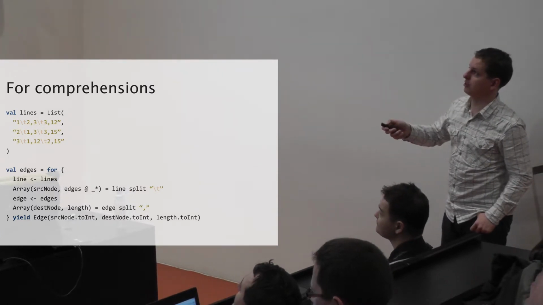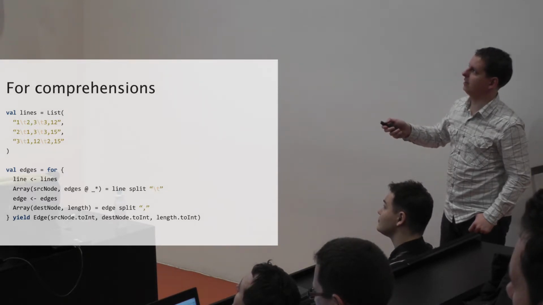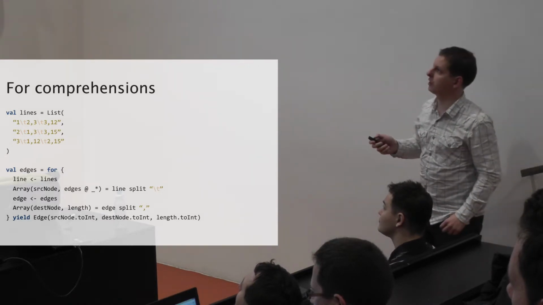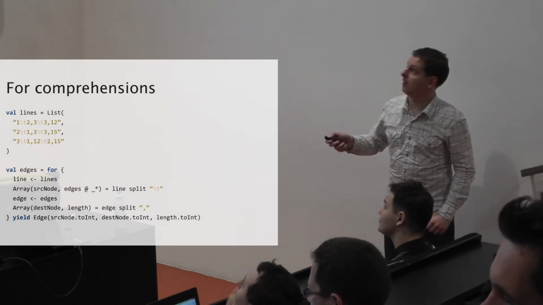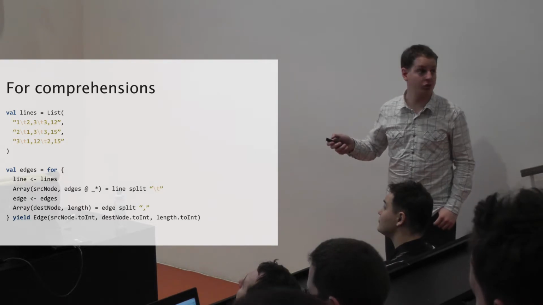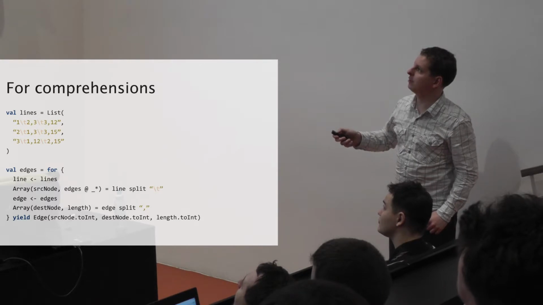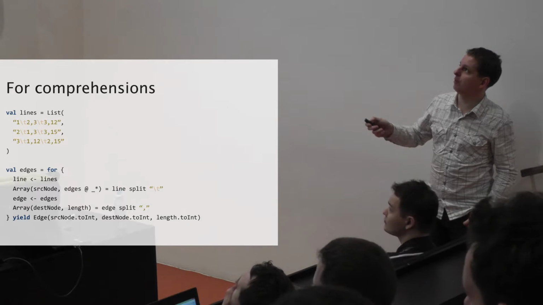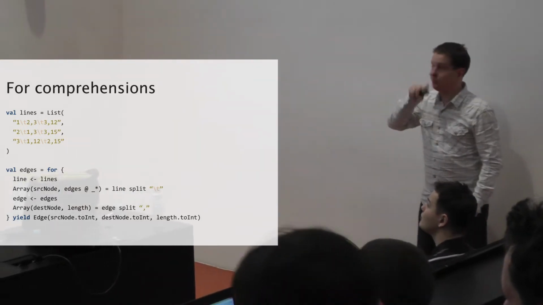This is a for expression, and for each line in lines, split that line, and this function returns an array of strings, and I will pattern match the array, take the first one as a source node, so it's the number 1, 2, or 3 in this example, and the rest of it put into the edges variable. There might be a variable number of edges. I have put just 2 of them in the example, but there might be much more, or not at all.